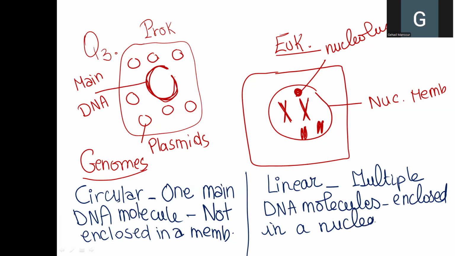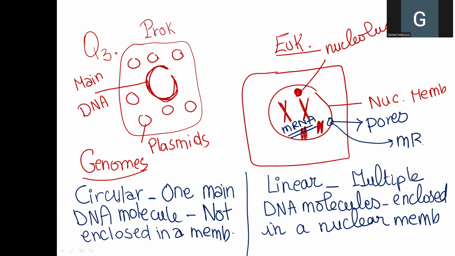That nuclear membrane has pores, and those pores allow messenger RNA, the representative of DNA, to leave the nucleus and go to the cytosol, where it will be translated into a polypeptide.